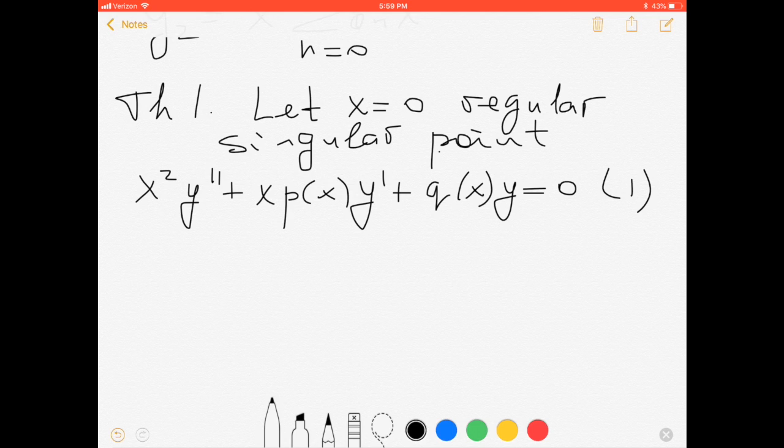Any second order differential equation you can rewrite in this shape. Okay.